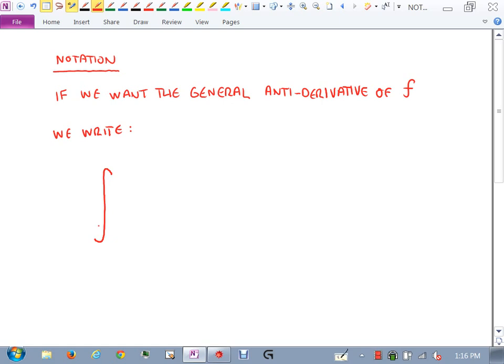Look at this as like an S that's been stretched out, an elongated S. And let me explain what everything in this is. This is what we call the integral sign.